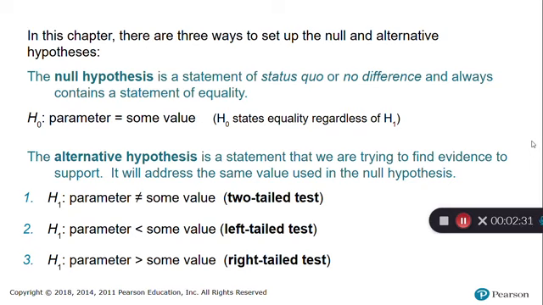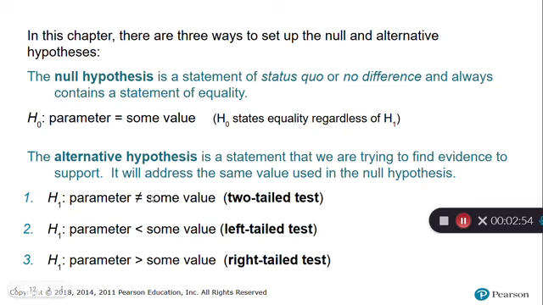Okay. Now, the alternative hypothesis is a statement we're trying to find evidence to support. So we're going to use the same value we just used in H naught, but now the sign will change. So H1 will always have the same setup, right? Parameter, some value, those are the same, but it's the sign that changes.